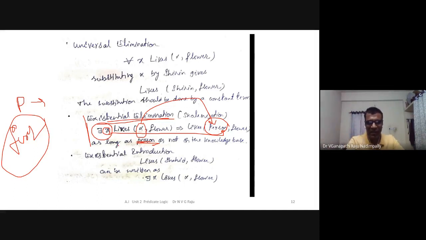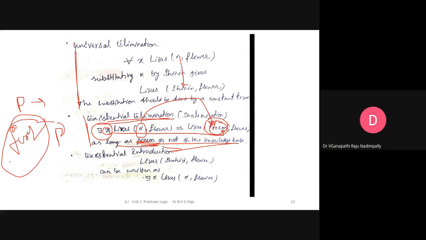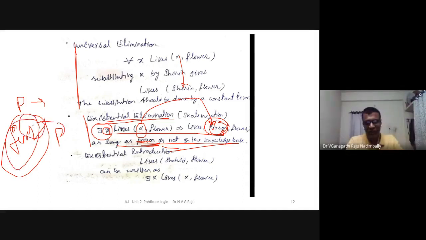As long as person is not in the knowledge base, here, whatever I wanted to replace with x, in universal elimination I will simply replace that variable with a constant. Here I am not calling the person a constant. It is some kind of a magical function. That function will replace the value depending upon the knowledge base.